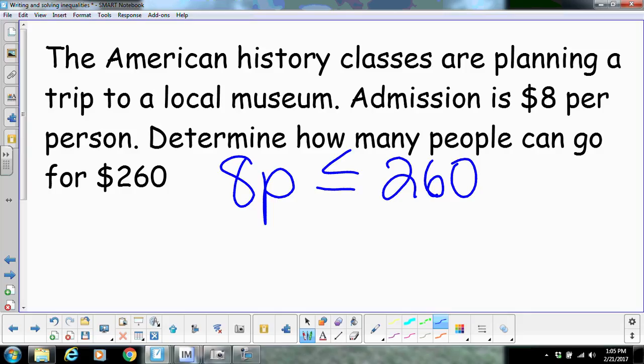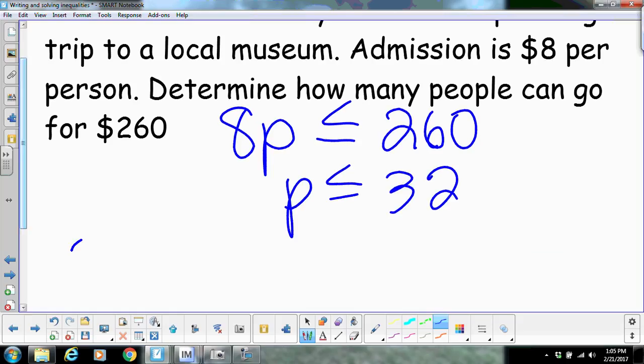So less than or equal to $260. Divide by 8. What do you get? All right, can we take 0.5 of a person? No, so we can't take any more than, so we can take 32 or less. Or you can say no more than 32. Both of those statements mean the same thing. Okay?